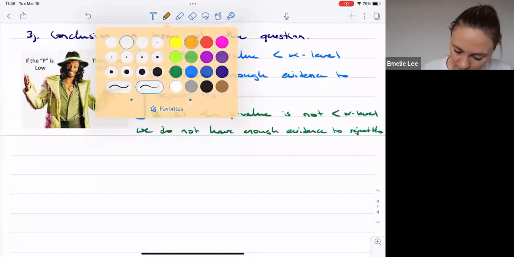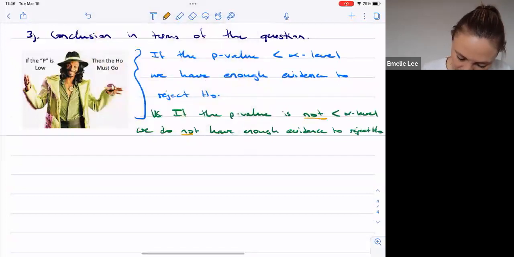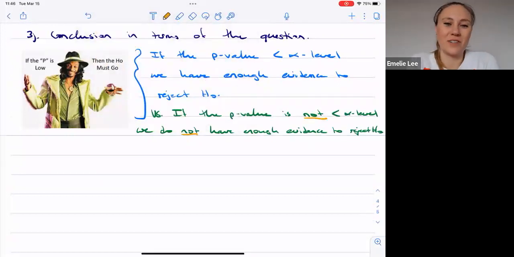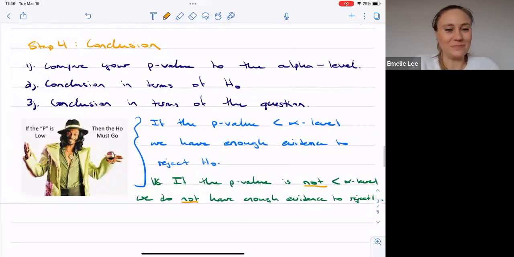Right, so here is not, then we do not have enough evidence to reject H0. Okay, I managed to keep it all on that one page, including my funny. So if you find it helpful, then that's great. If you don't, that's fine too.